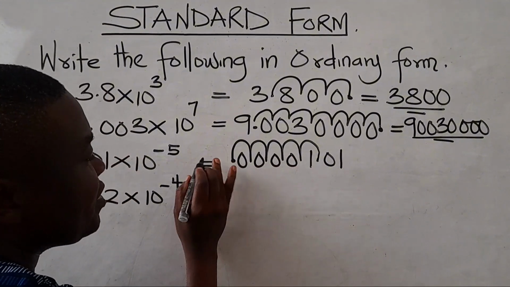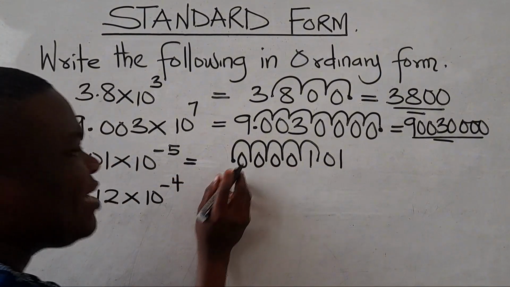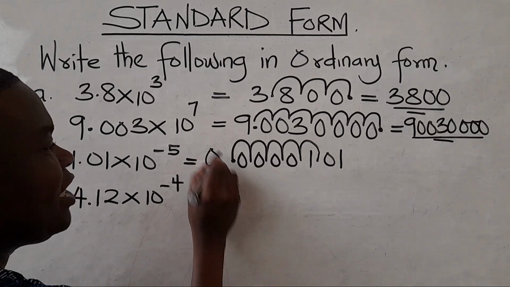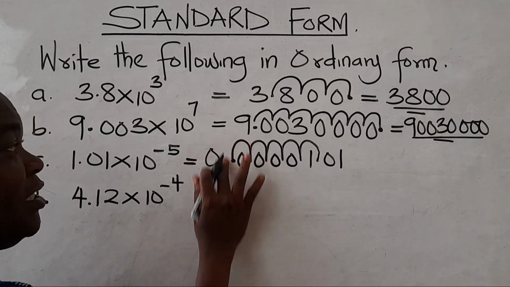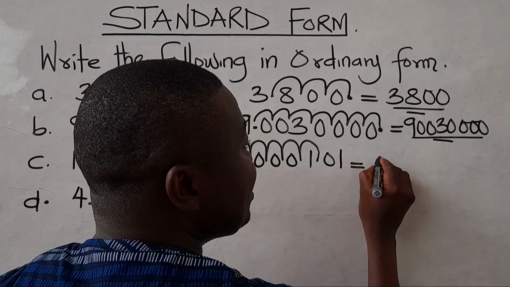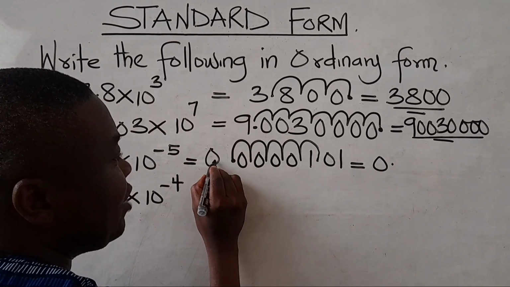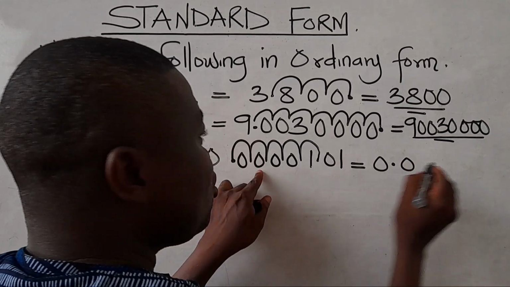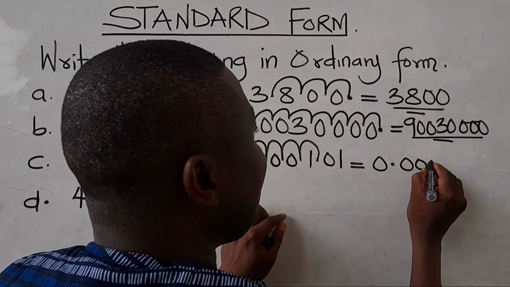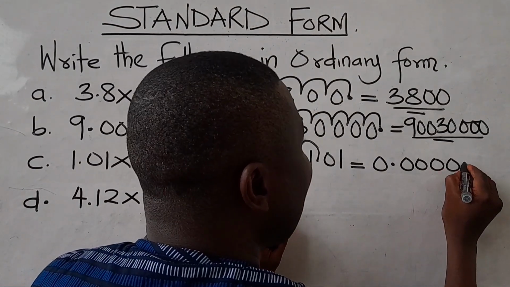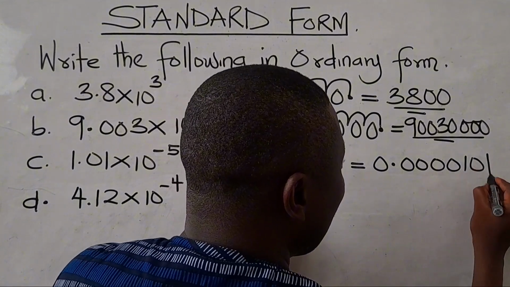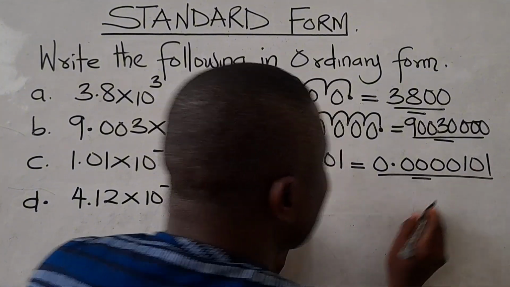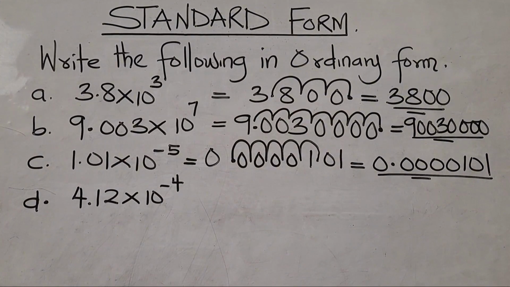You don't write it starting with a point, so you just put a 0 because there's nothing in the initial place. So you just say 0 point. You start. 1, 2, 3, 4, and 101. So this is our answer. 0.0000101. So that's the answer for it.